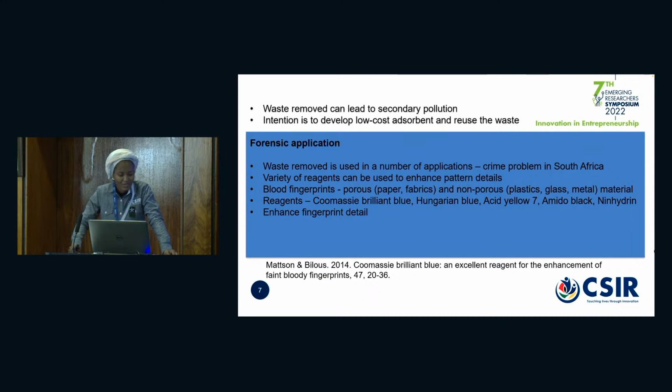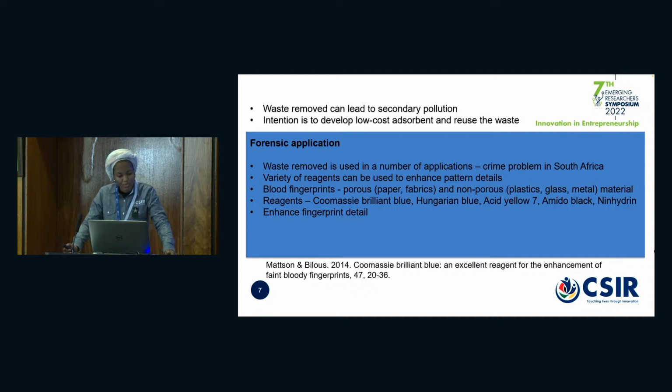With a blood fingerprint, a variety of reagents can be used to enhance pattern details that may be latent. So blood fingerprint is one of the tools or evidence that can be collected during a crime scene, and it can be collected from different surfaces, such as paper and fabric, which are examples of porous, and then plastic, glass, and metals, which are examples of non-porous materials.